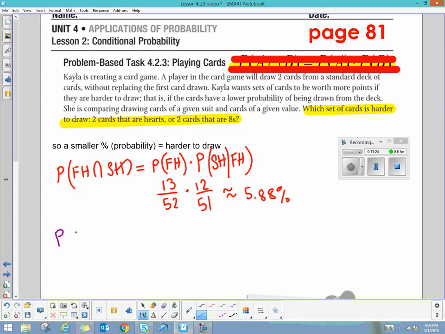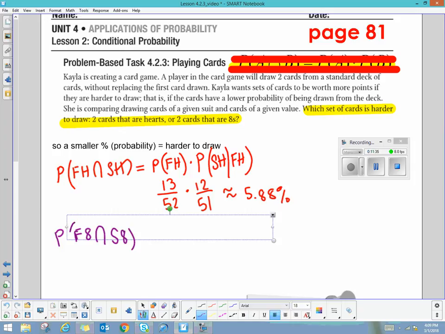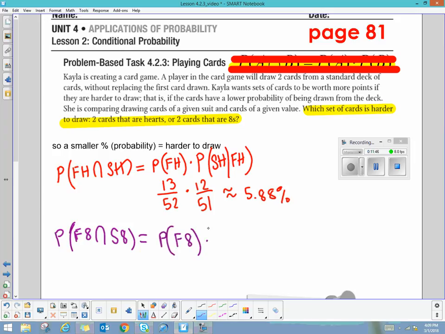So let's kind of repeat the process, but now I want to calculate the probability of picking an 8s card first, and then picking second another 8s card. Whoops, there goes my pen. So this is going to be the probability of the first card being an 8 times the probability of the second card being an 8, given that the first one is an 8.